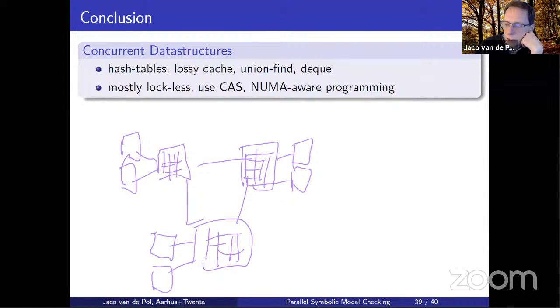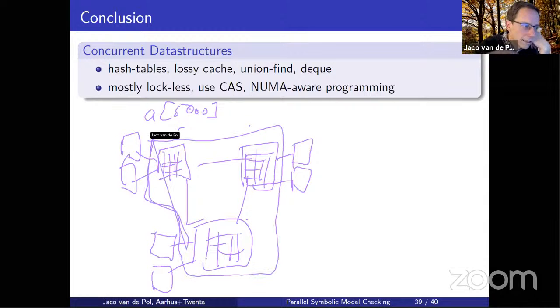It's a kind of distributed system because you have distributed memory. But from the programming point of view, you don't see that. You can just say A5000, and the operating system determines where this ends up. So all the message passing is done at the lower level by the cache coherence protocol.